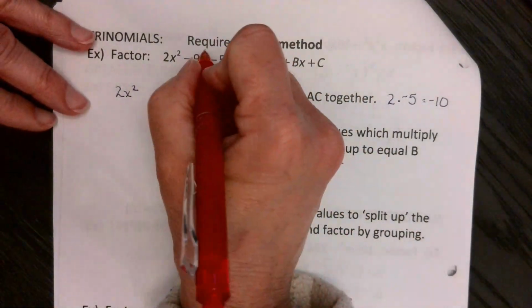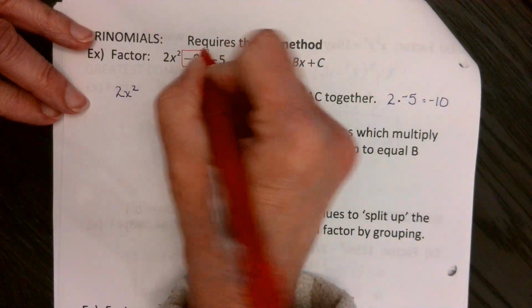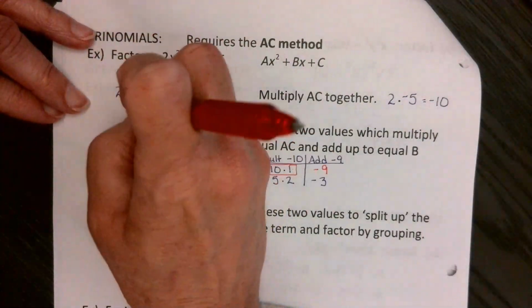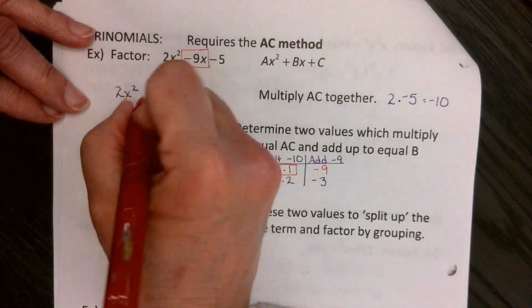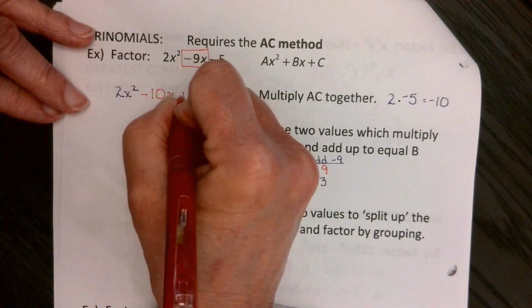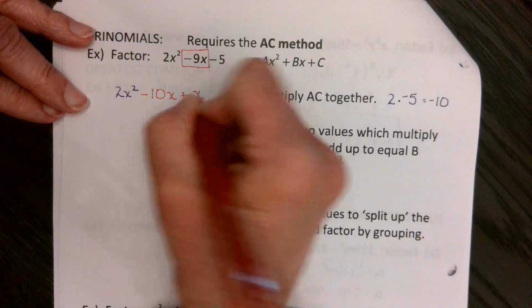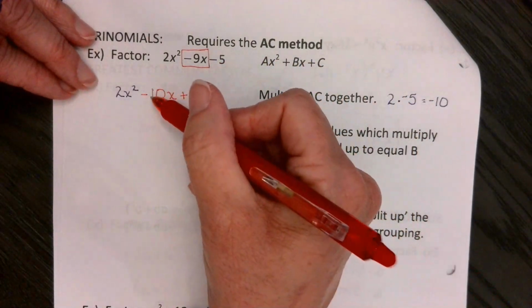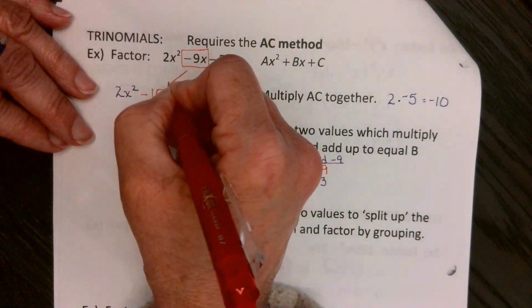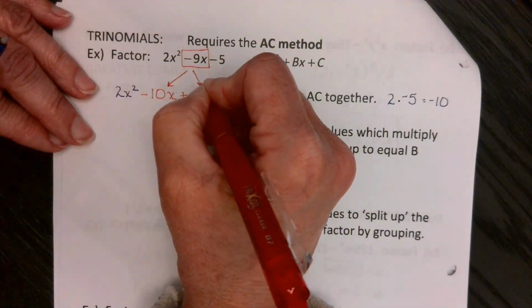I'm going to take this out and replace it with minus 10x plus 1x, or just x. Now I could put x minus 10x. It will not matter. So what I did was I replaced this with these two.